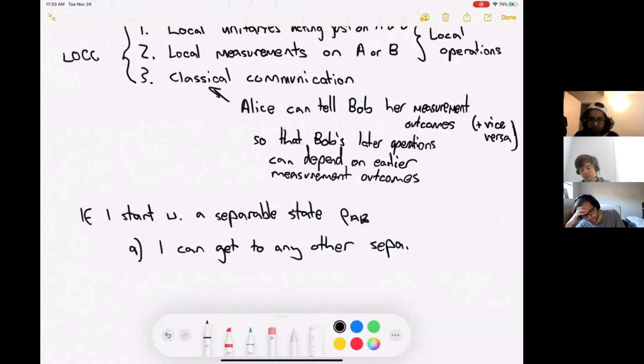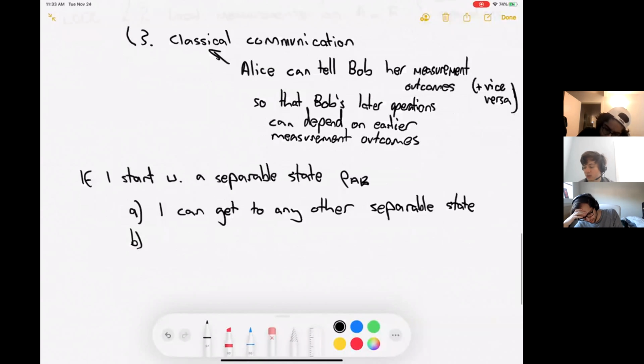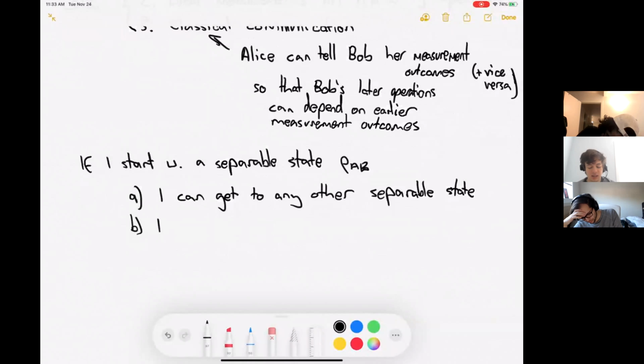Right. So all separable states are equivalent to one another, can be interconverted between each other just using these local operations and classical communication. But also, I can't get to any non-separable state, so I can't create entanglement.